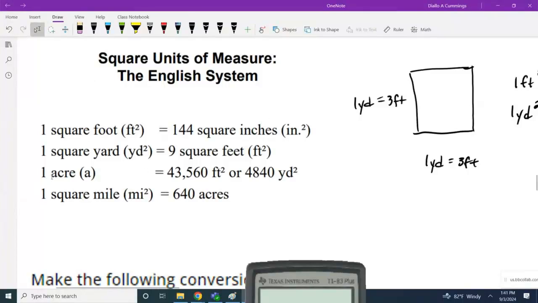Now it's kind of hard to draw these last two out because acres is understood to be a square unit of measurement. Okay, but I could actually map out 43,560 square foot.